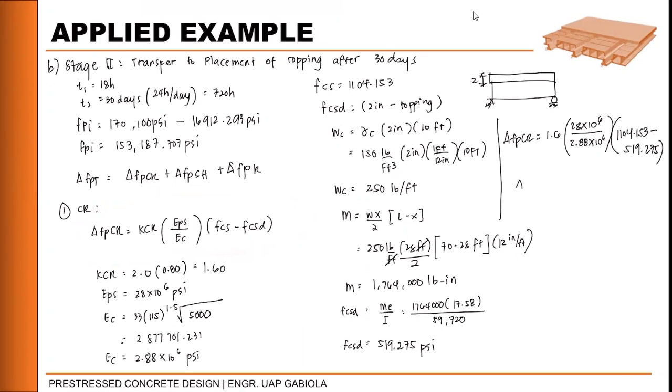Okay? So, ang ating loss due to creep will be 1.6 times 28 times 10 to the 6 over 2.88 times 10 to the 6 multiplied by 1104.153 minus 519.275.